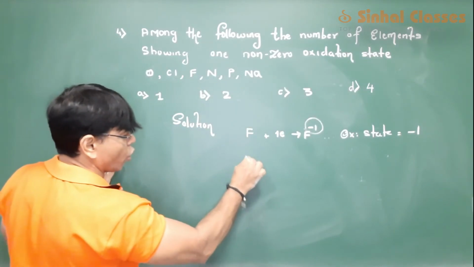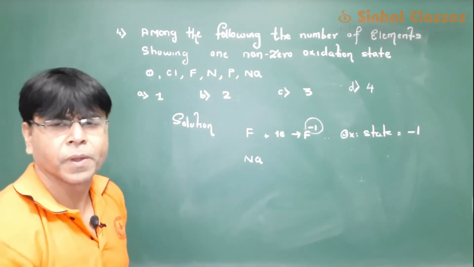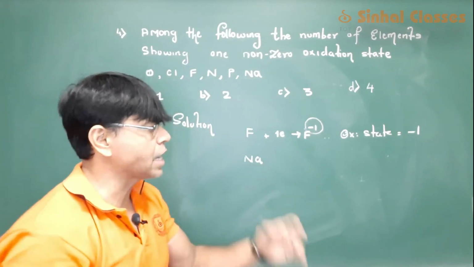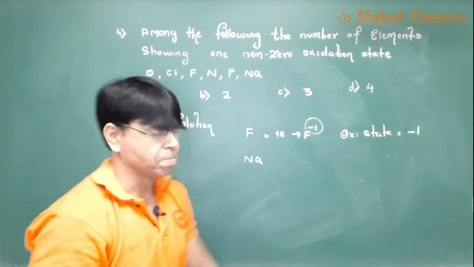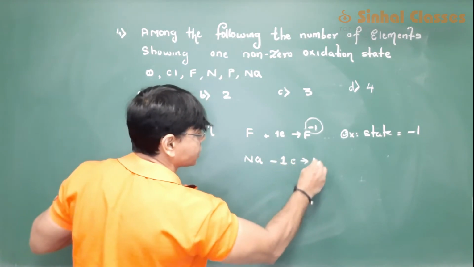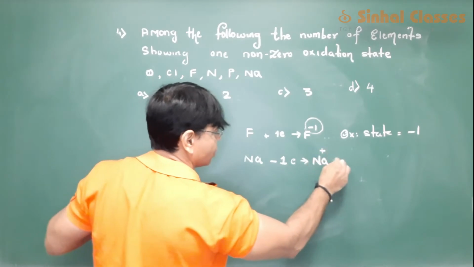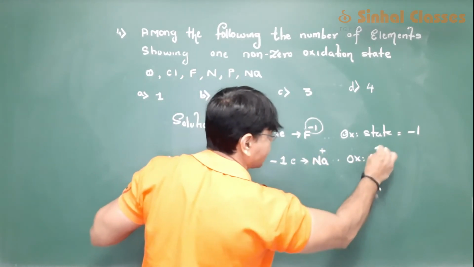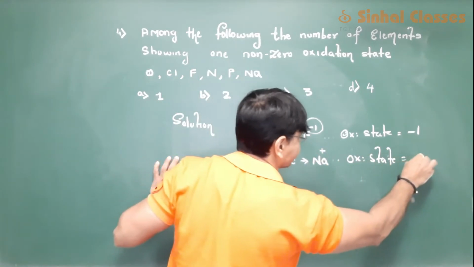Whereas sodium is an alkali metal. It has one electron in its outermost shell, so it loses one electron and turns into Na plus. So it has an oxidation state of +1.